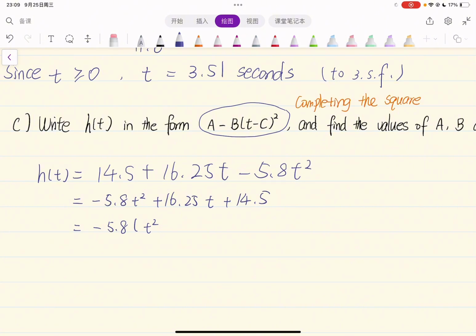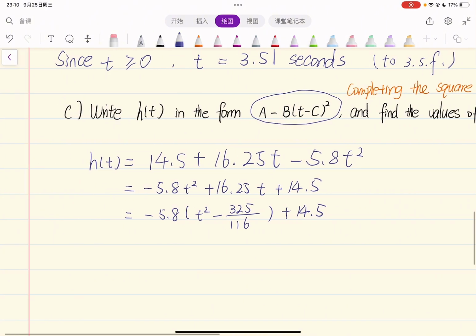What do we have? This time we need to write the numerator and denominator, so minus 325 over 116. Well, that is a terrible number. Sorry for that. And then plus 14.5.